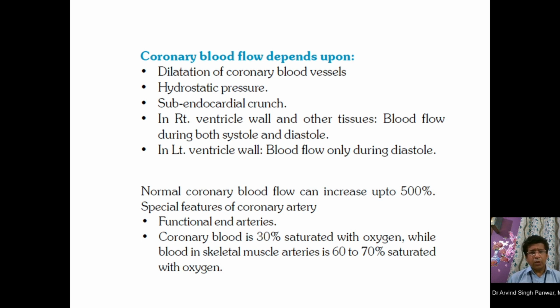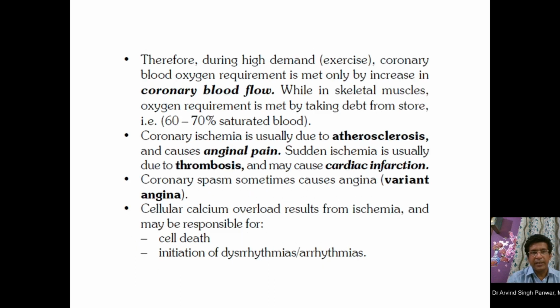Normal coronary blood flow can increase up to 500%, and this is a special feature of the coronary artery. A more important feature is that coronary arteries are functional end arteries, and coronary blood is 30% saturated with oxygen, while blood in the skeletal muscle arteries is about 60 to 70% saturated with oxygen.